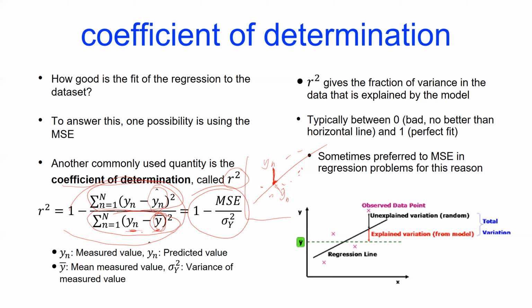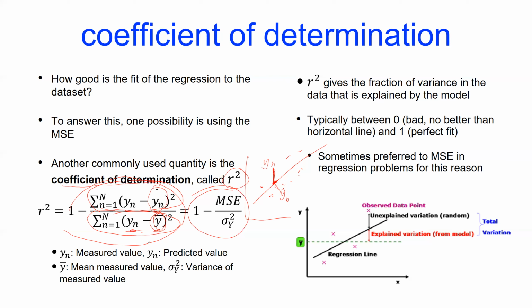So now I'll take a look at why this R square can give you some meaningful measure. Let's think about that. First of all, what is the range for R square? This is the first question to think about. And if R square equals 0, what does that mean? If R square equals 1, what does that mean?